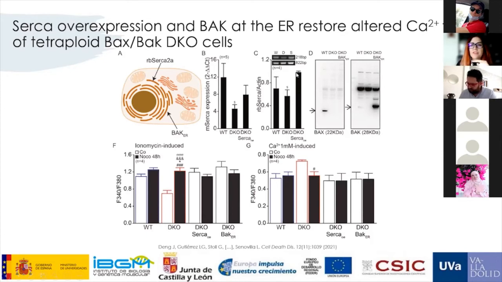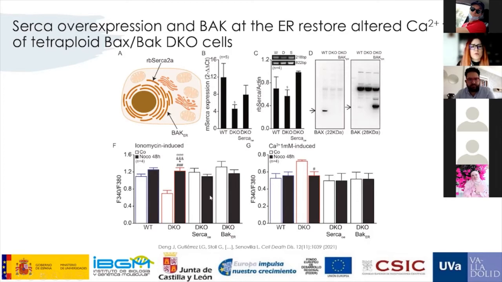We wanted to test these cell lines, but also if DKO cells with BAK at the ER level, just at the ER, restore this observation. So here we have the characterization of double KO SERCA cells and the characterization of double KO BAK at the ER.